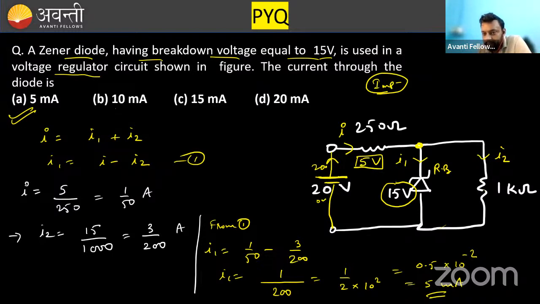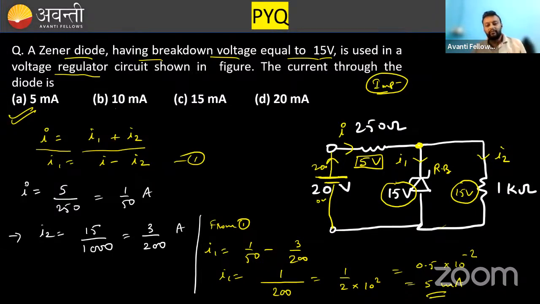And this 1 kilo ohm is in parallel with the Zener diode. So 15 volt will be along this because in a parallel combination, potential remains the same. Is everything clear now? In the first part, we have applied Kirchhoff's current law, or you can say junction law, which says current entering the junction is equal to current leaving the junction. Very good, Chichni. I think it's clear.